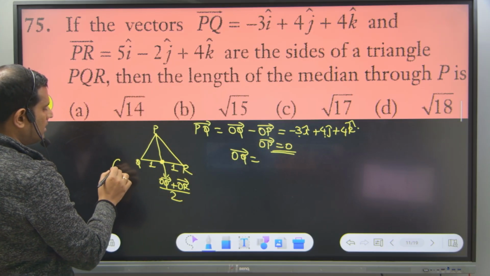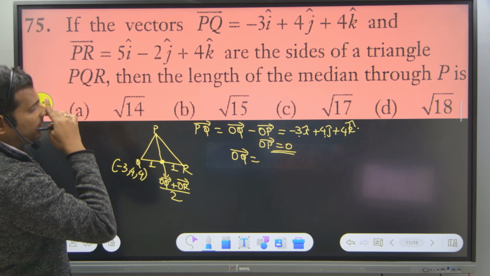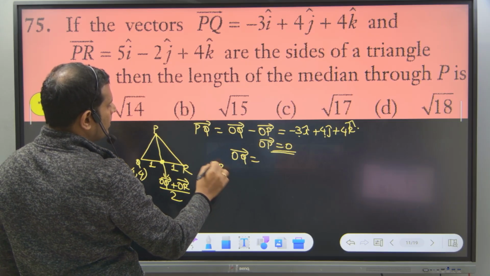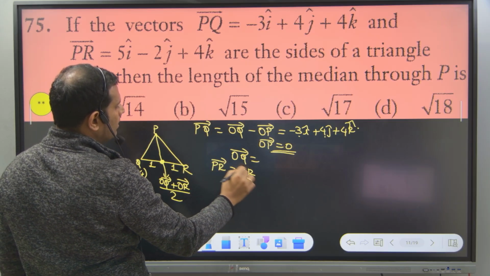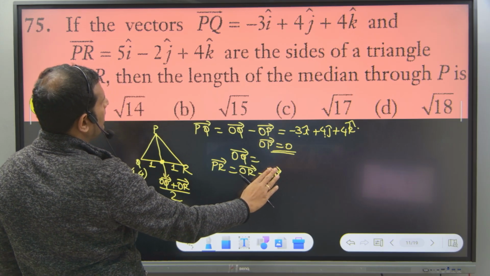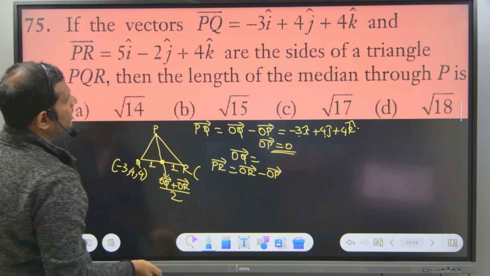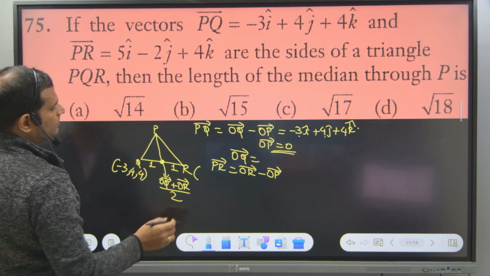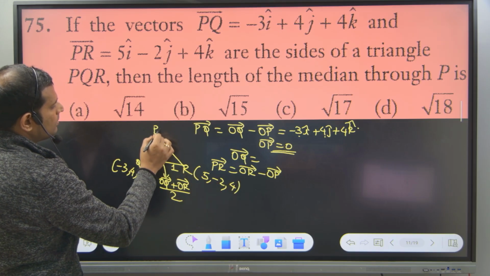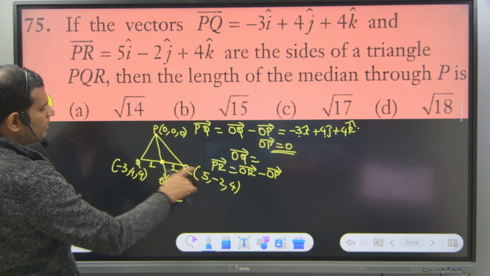So the coordinates here will be minus 3, 4, 4. Again PR, what is PR? PR means OR minus OP. And because you have assumed OP is origin, what will be the coordinate of R? 5, minus 2, 4. And you are assuming this is 0, 0, 0. Now can you not use the midpoint formula here?